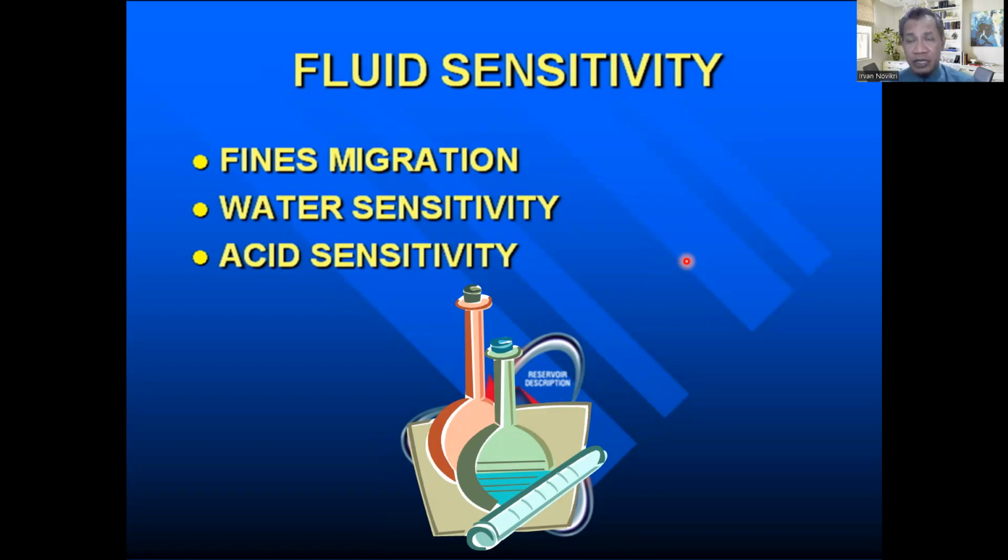Fine migration involves the movement of clay particles like kaolinite, illite, silicate fines, and carbonate fines within the reservoir itself. So understanding this aspect is crucial, especially for assessing the impact of fluid properties on reservoir behavior and any potential issues related to clogging or reactivity.